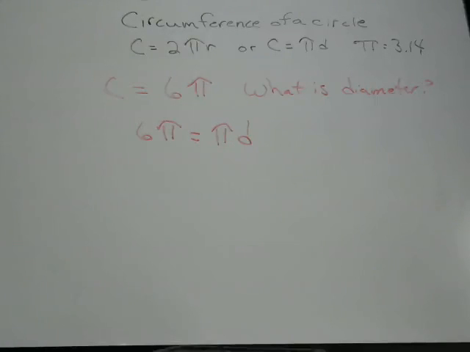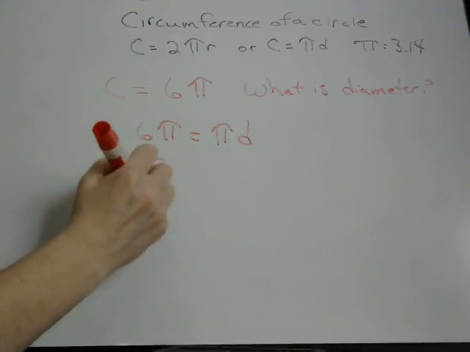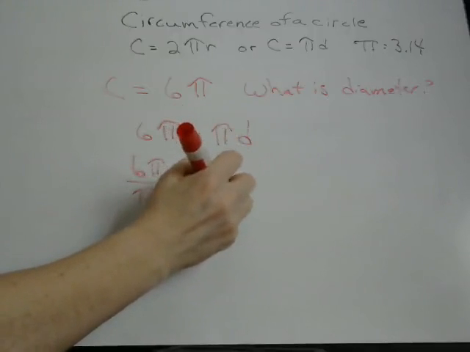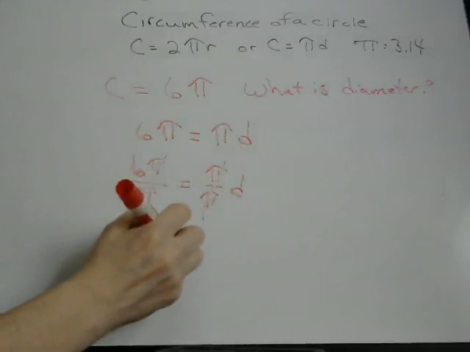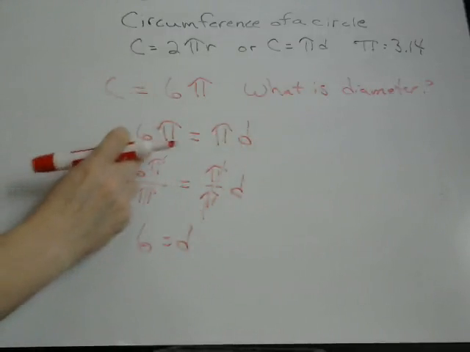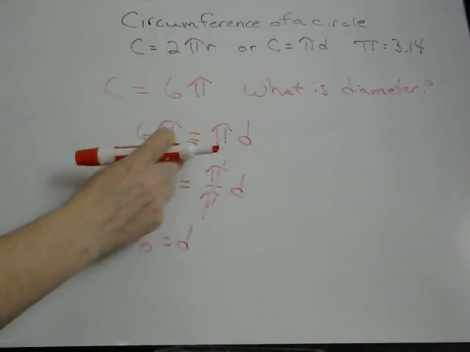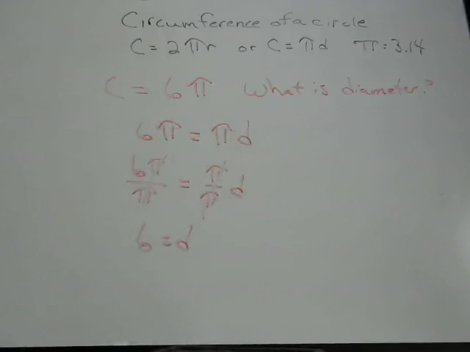So the other thing you can do is divide by pi, just like we do any other algebra problem. 6 pi divided by pi equals pi divided by pi. This cancels out, these cancel out, 6 equals the diameter. But if you just look at it, it should make sense to you that 6 times pi is the same thing as pi times what? Well, it has to be 6.